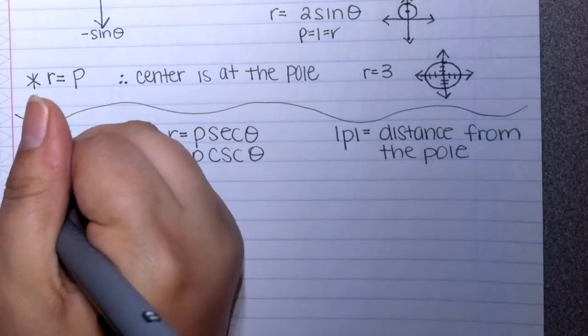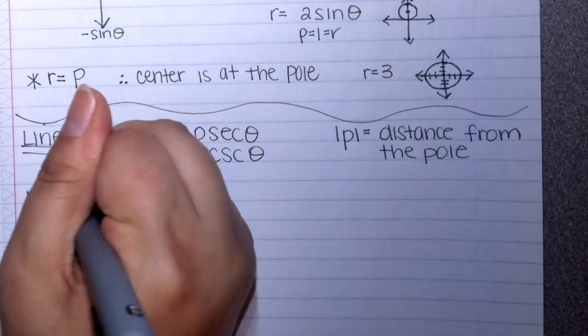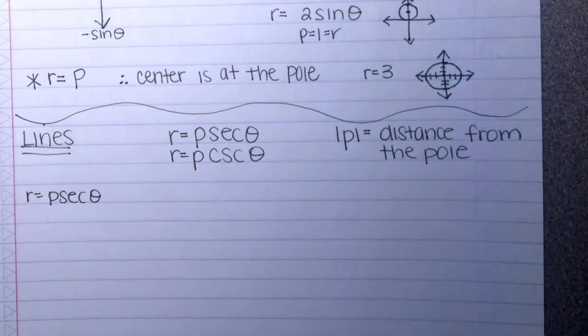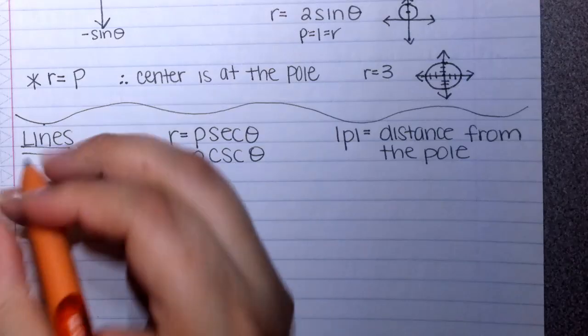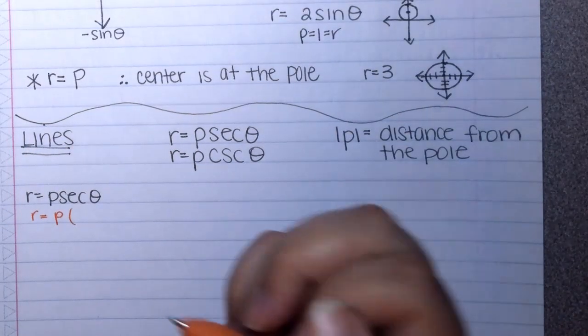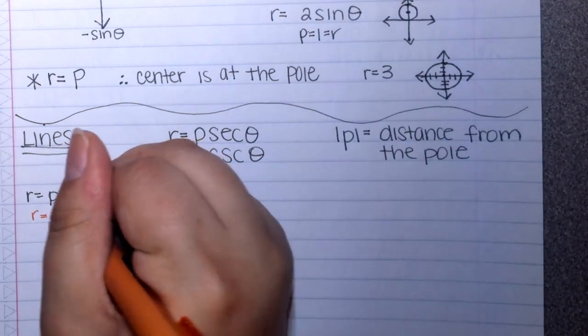Now, what kind of line does secant make? Why would it be a vertical line? Well, let's think. What do we know about secant? It's the reciprocal of cosine. So if I did R equals P, the reciprocal of cosine is x over r. I'm going to do r over x.